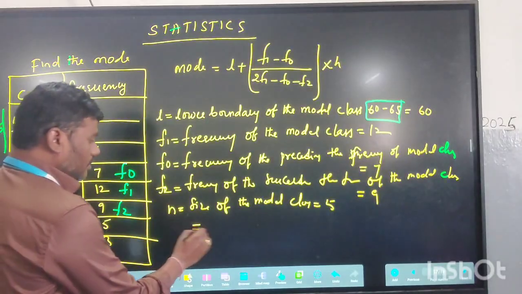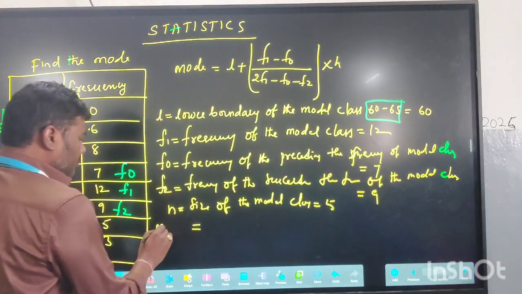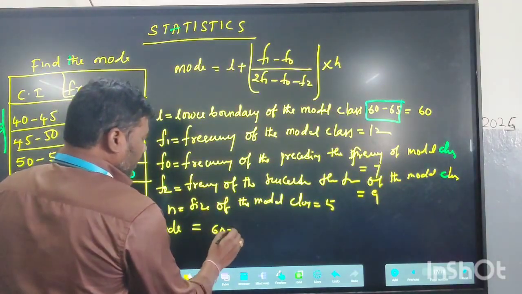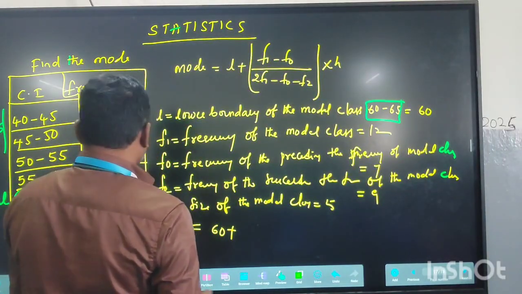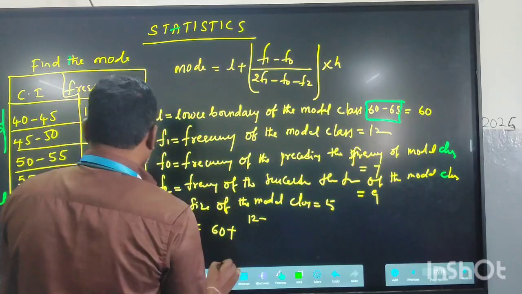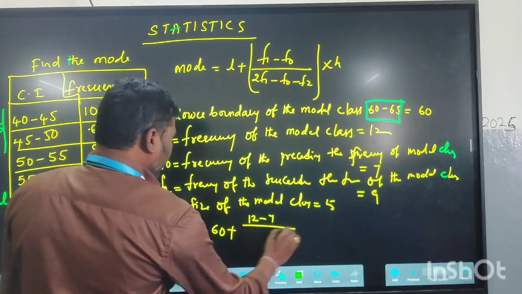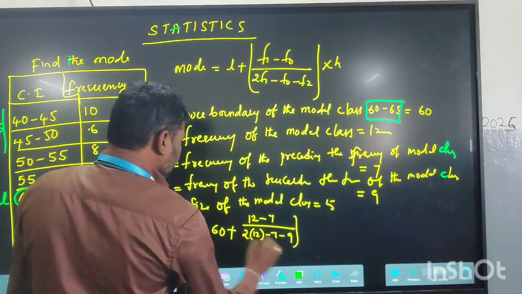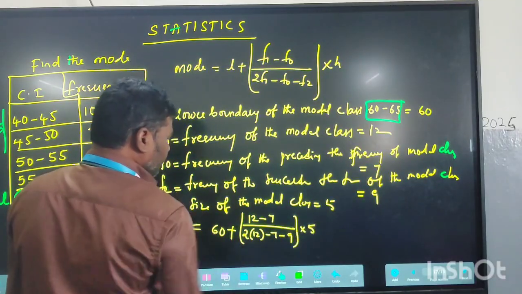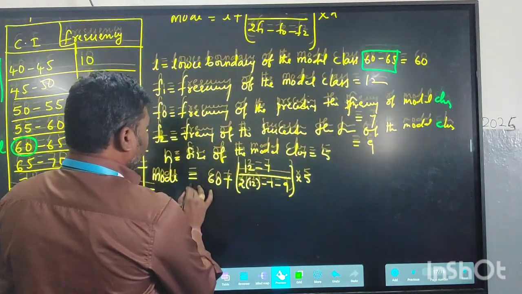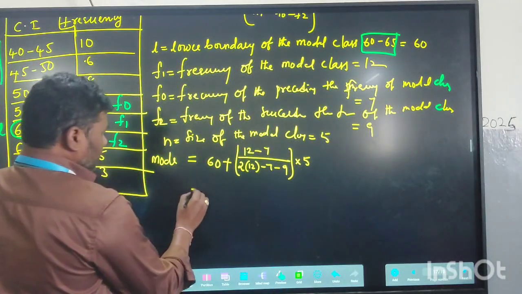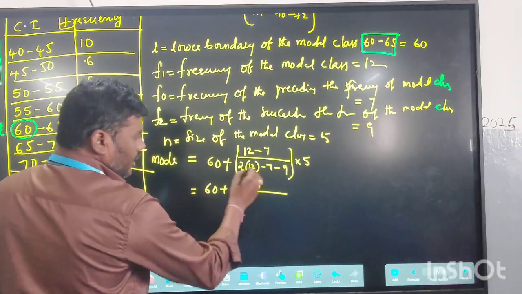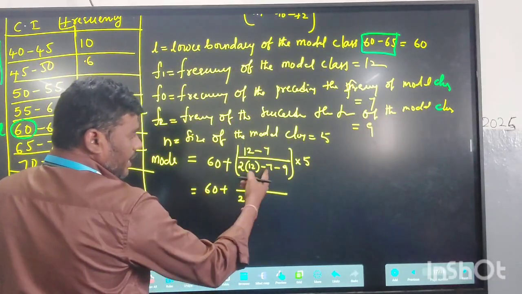Okay. Now mode equals L value, 60, plus F1 equals 12 minus F0 7, divided by 2 into 12 minus 7 minus 9, into 5. Okay. Now observe here: 60 plus (12 minus 7) is 5, divided by 24 minus 7 minus 9.